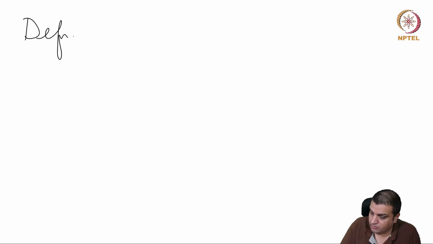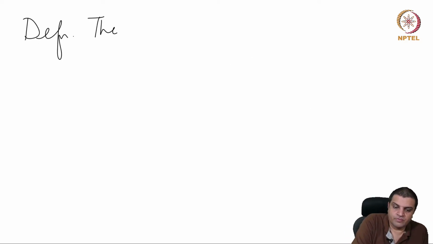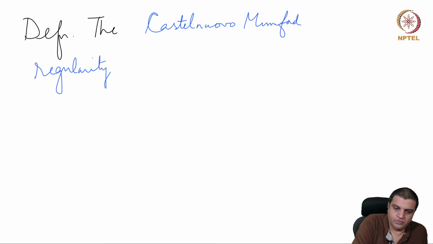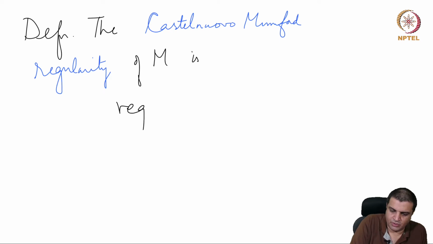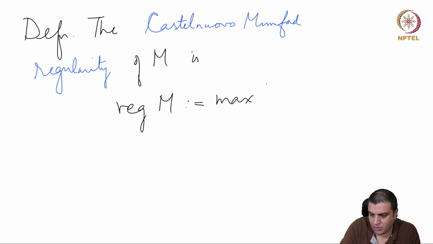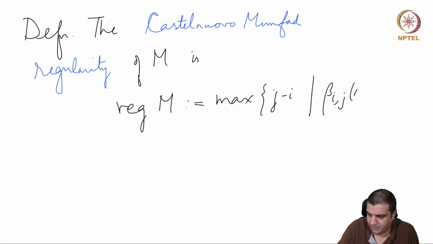The Castelnuovo-Mumford regularity of M, which we denote by reg M, is the maximum of the differences j minus i such that beta_{i,j}(M) is not 0.